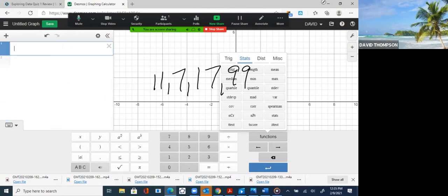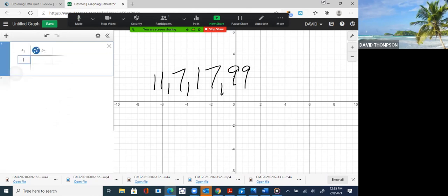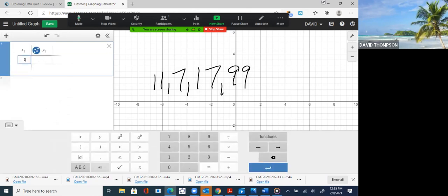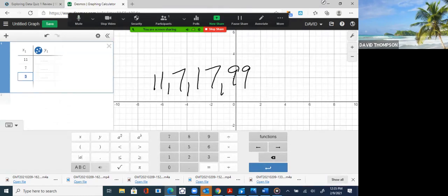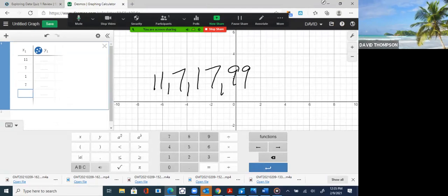So first you want to hit the plus, grab the table, and then we'll type in 11, enter, 7, enter, 1, enter, 7, enter, and 99, enter.